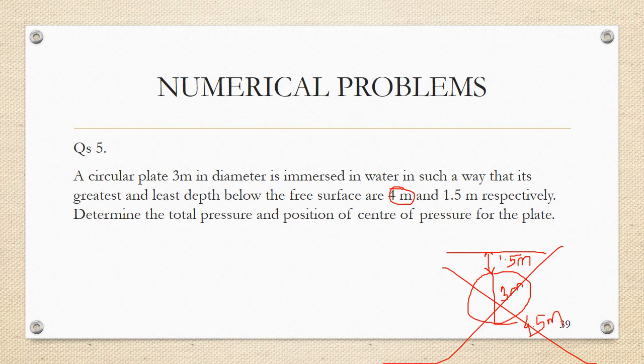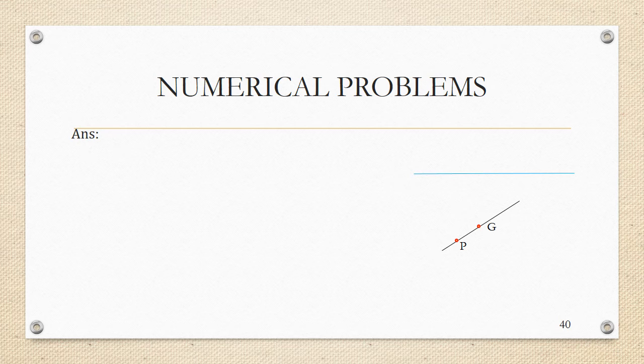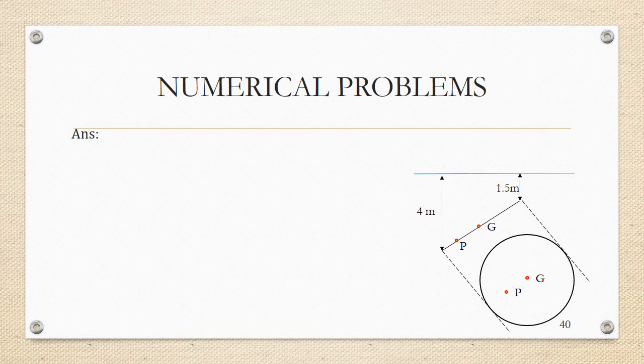And so we'll redraw the figure as an inclined plane surface. The least depth is 1.5 meter and the greatest depth is 4 meter below the free surface, and the angle is unknown, so I'm going to mark it as theta. Now the diameter is given as 3 meter. The distance of G and P below the free surface is h bar and h star respectively.